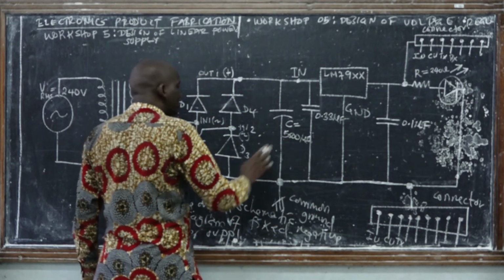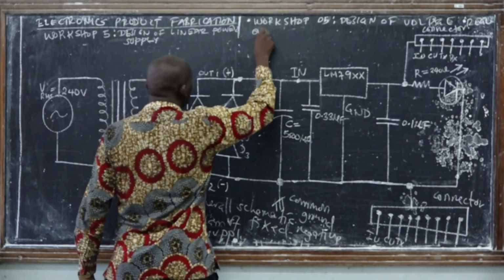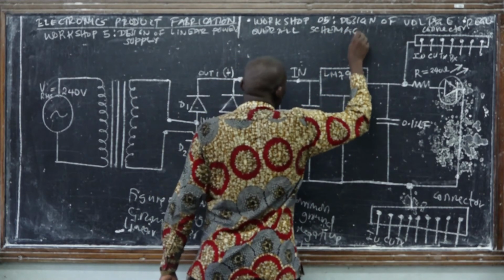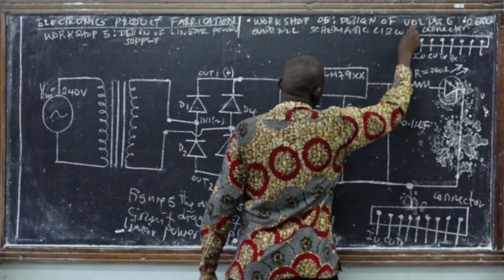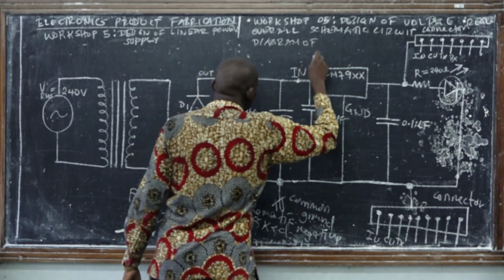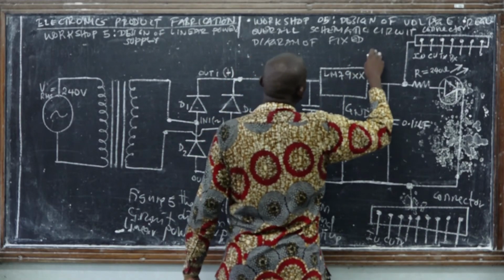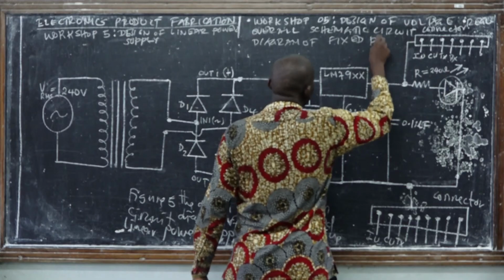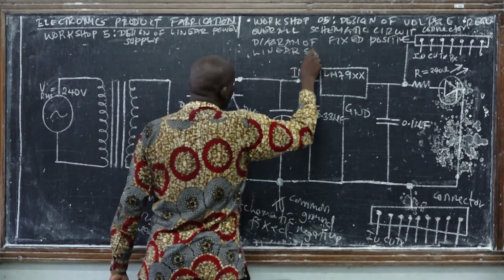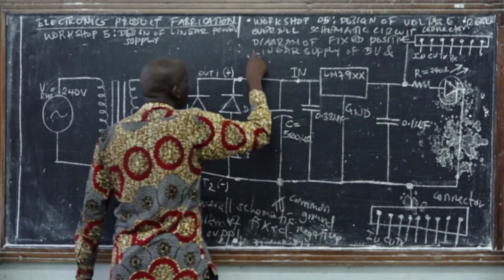I'm going to modify this schematic circuit diagram, and as the title of your drawing you write: overall schematic circuit diagram of fixed positive linear supply of, let's say, 5 volt and 12 volt, for instance.